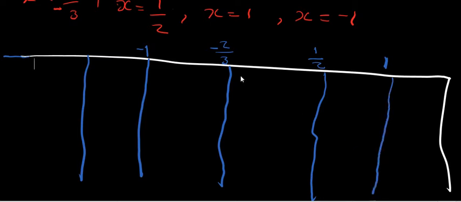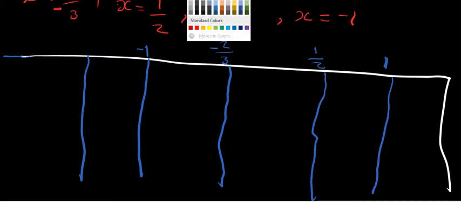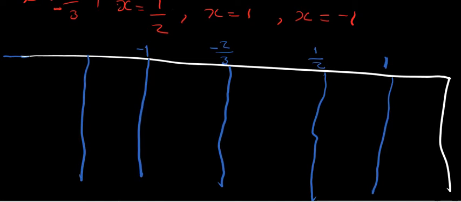Upon doing that, I can easily put in the sign. So the first one, which is this one, I'm going to say x should be less than -1. Then the next one, x should be in between those two guys. And the next one, x should be in between those two guys.